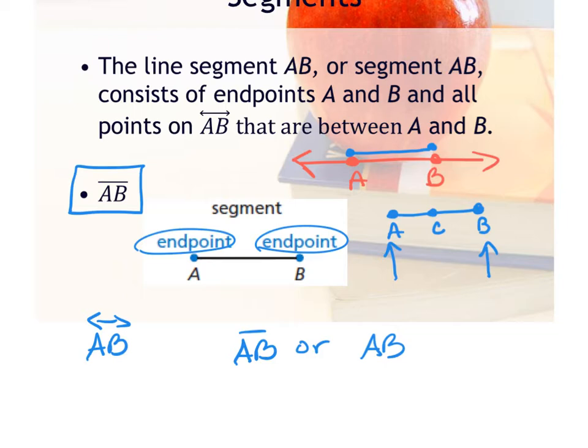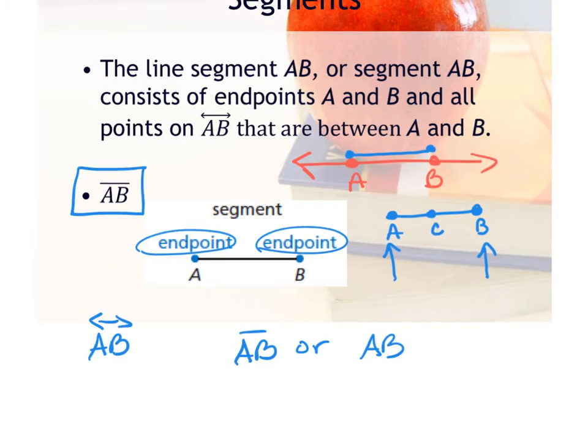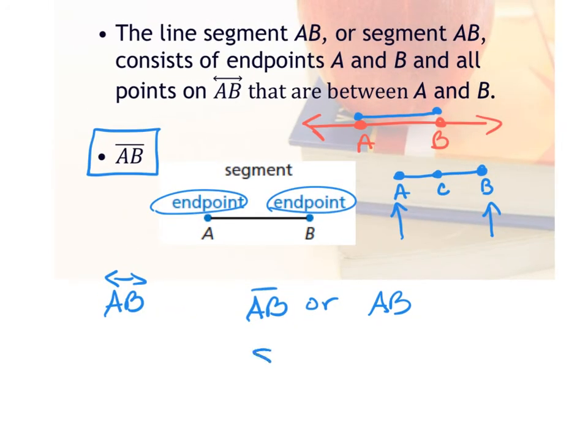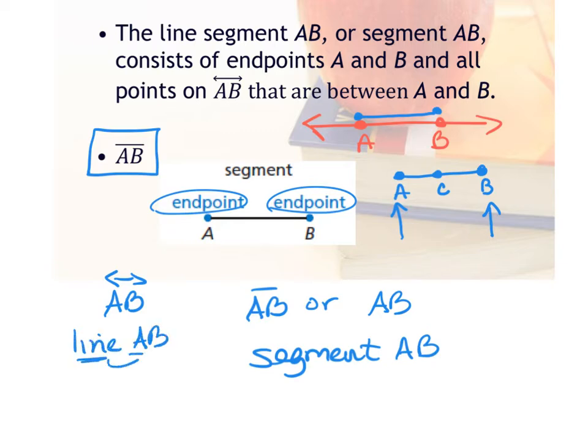Now, let's say you blank out and you're like, uh-oh, I forget what the picture looks like. You can always write out the word segment and then give me the 2 endpoints. Same thing here for line. You could also write out the word line in front of the 2 letters. But once you get used to the symbols, it's pretty easy. You just draw a picture of what you're talking about.